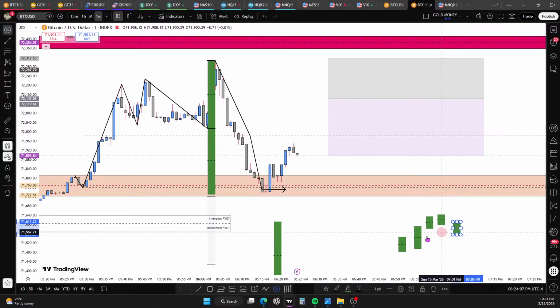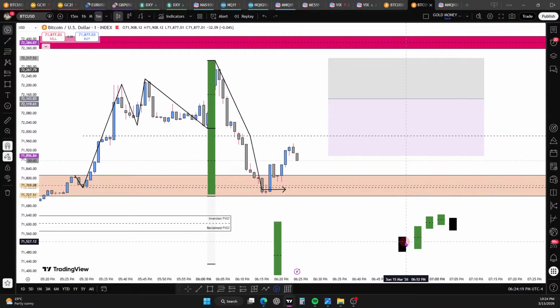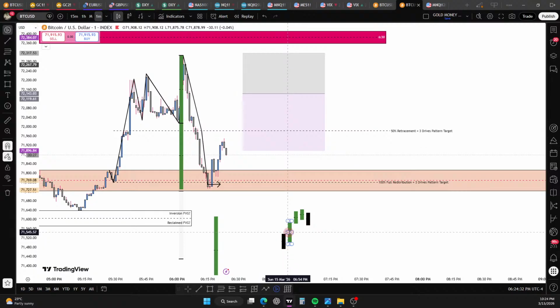Give me one sec, let me actually organize this for you. So basically, sorry, the order block is three candles, three bull candles. That is what forms the order block.